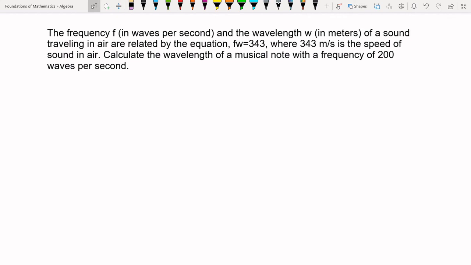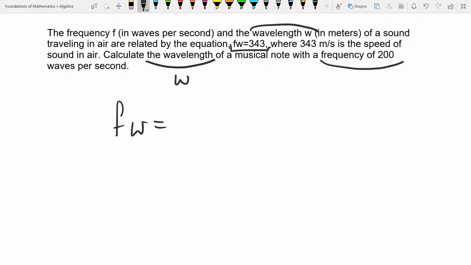Okay, so we are just trying to figure out what is the wavelength, and wavelength is W. That's what it says right here. We know what the frequency is. The frequency is 200 waves per second, or in other words, 200 hertz. And we also know this equation right here, that F times W equals 343.